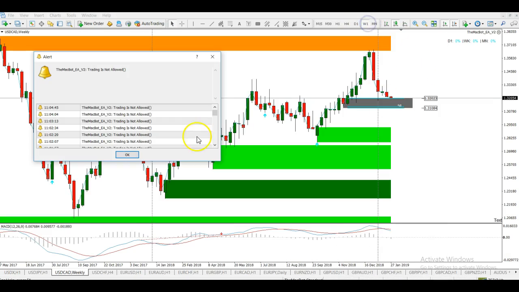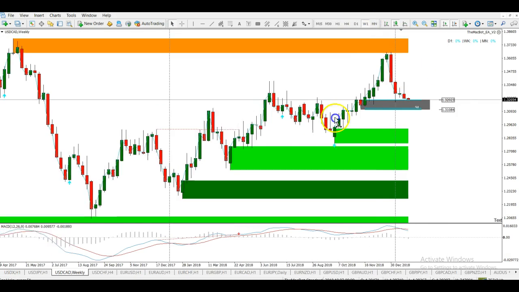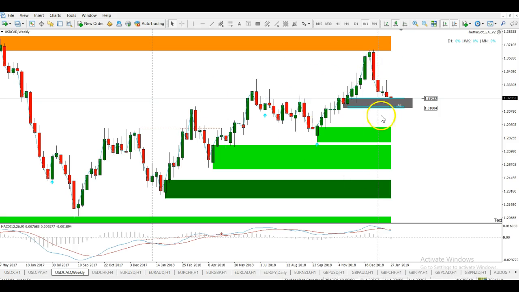So weekly is, this was the weekly leg up, price broke it, so the weekly is down at the minute, but we're coming into a weekly area where the weekly is coming down to this last area that caused this last high. So the weekly is kind of still up because it hasn't taken out any previous lows.